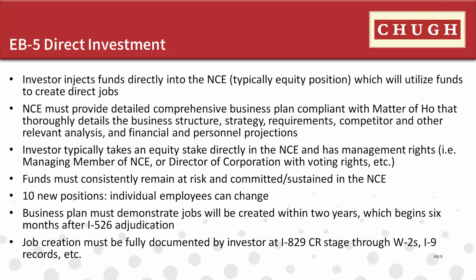As Prema mentioned earlier, it is 10 jobs. However, in the case where you may be buying into an existing business, the requirement is that there be a 40% increase in the number of employees or the net worth of the business. So that's something to keep in mind.